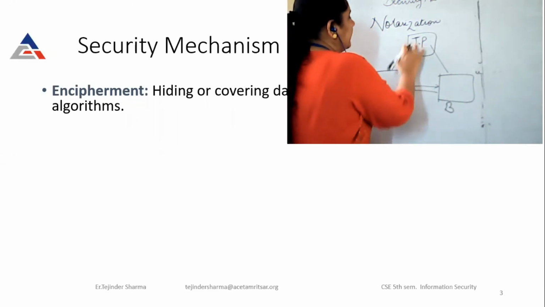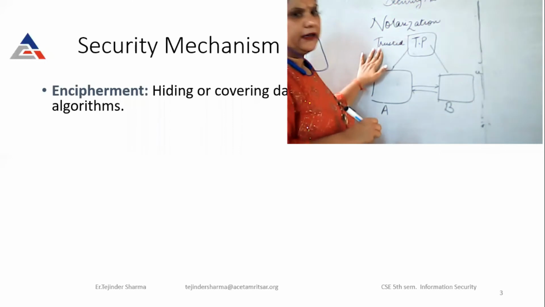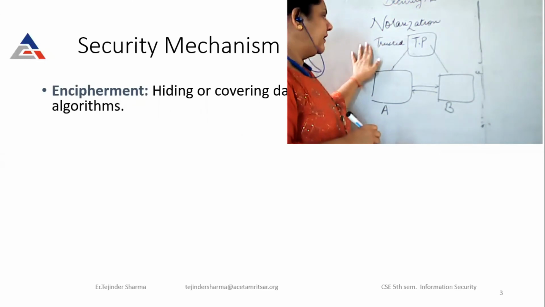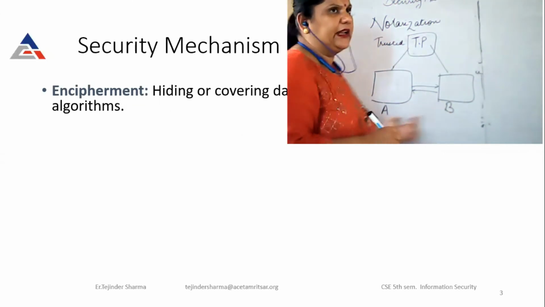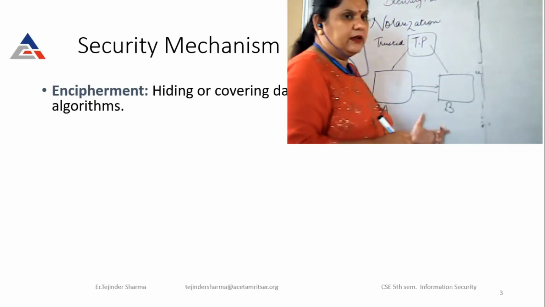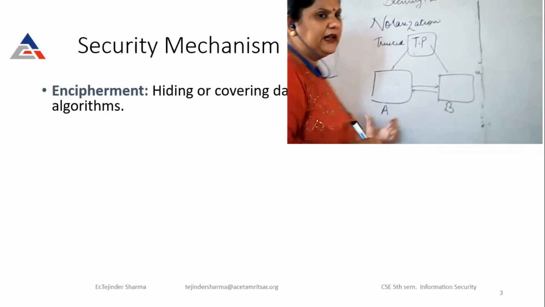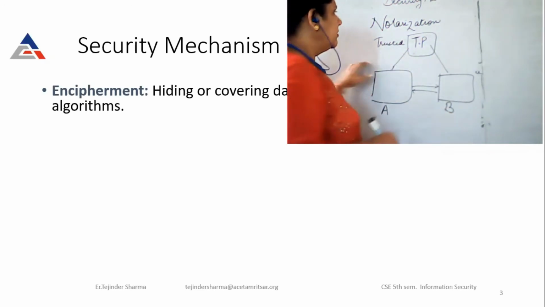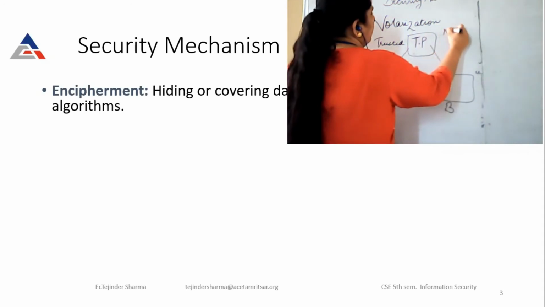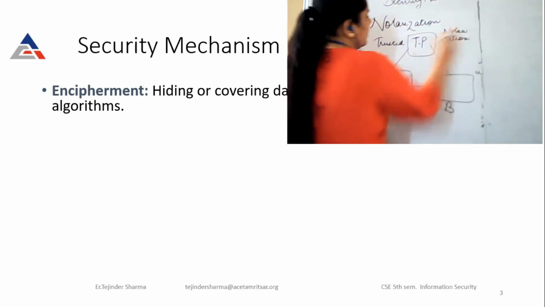So a trusted third party comes into play to resolve the conflict between A and B. This process is called notarization.